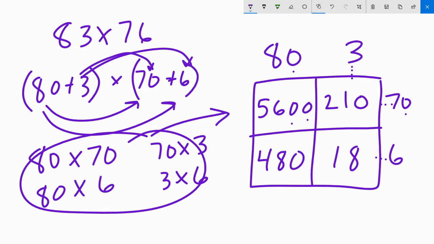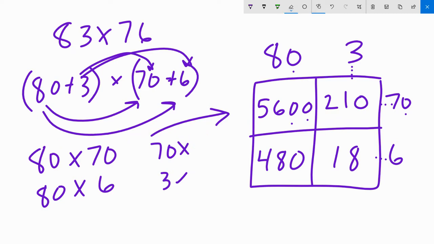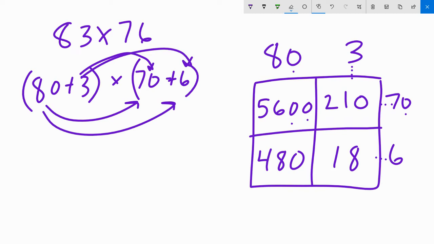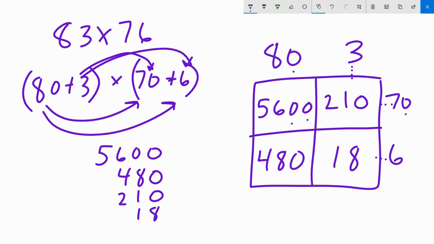Okay? So then once I have all those numbers, I would have to add them up. So let me make some space for myself here, getting rid of these so that I have room to do 5,600 plus 480 plus 210 plus 18.